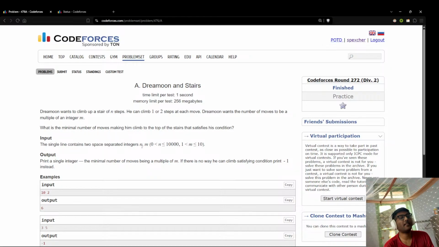But this is exactly like the Fibonacci, but with one condition. Let's say we have n, we can take 1 step or 2 steps. k is up to 10. It's not like k can be any big integer.